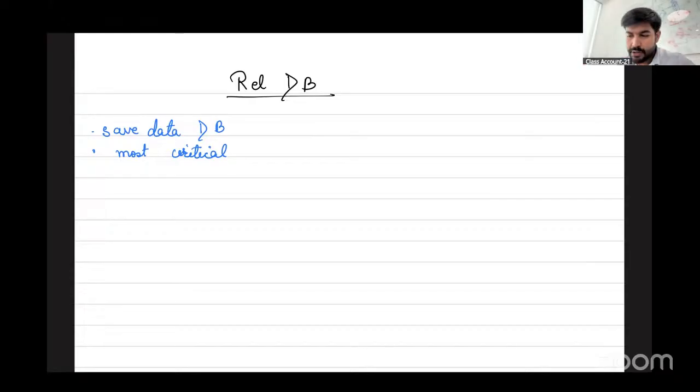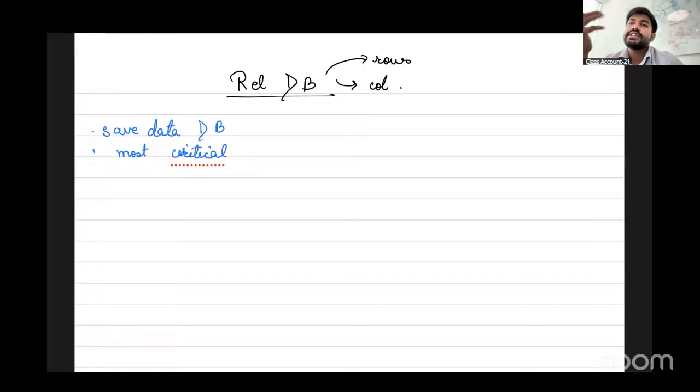In relational databases, data are stored in rows and columns. Now, a little bit of history about relational databases. Initially we started off with financial applications. Initially nothing was on the internet.